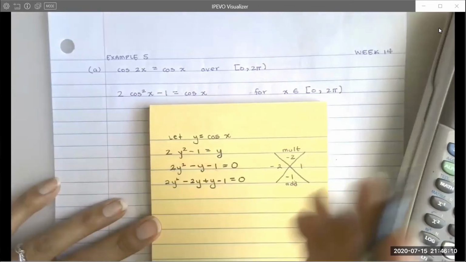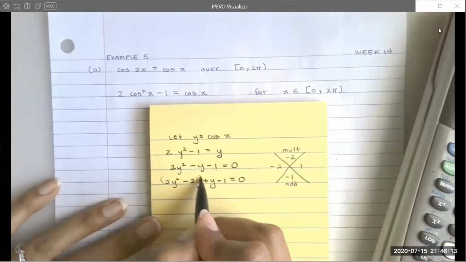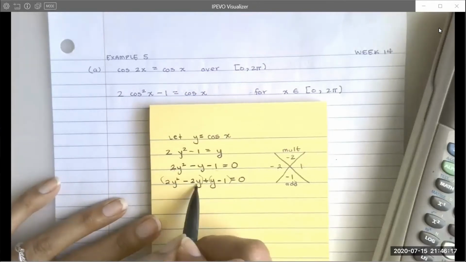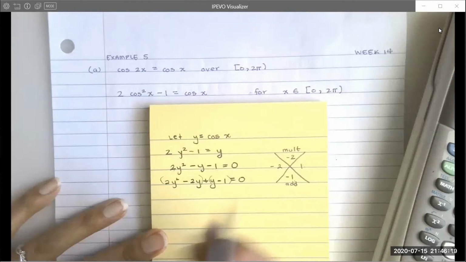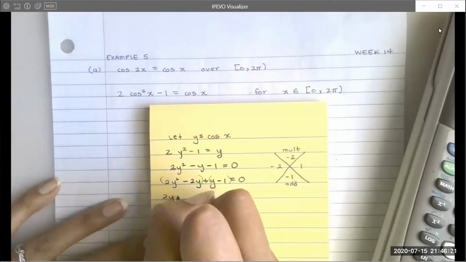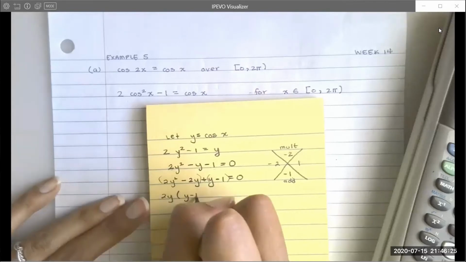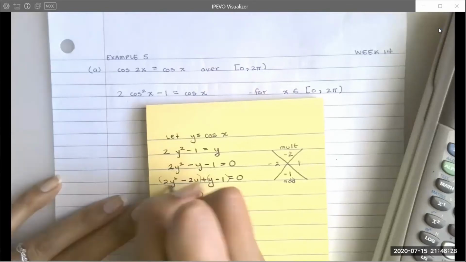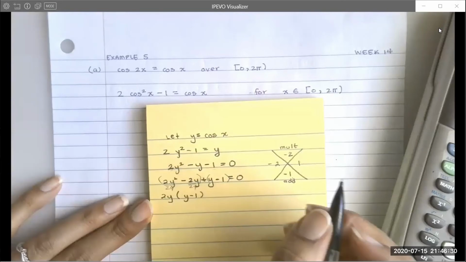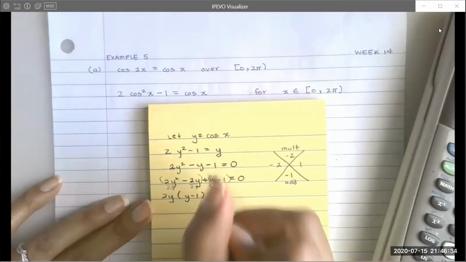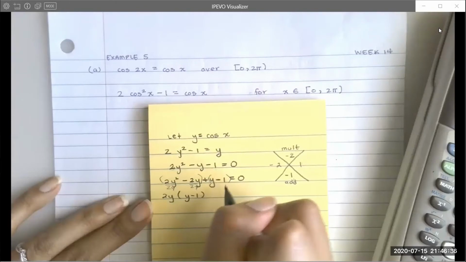And then I would group the first 2 terms, group the last 2 terms, see what is the greatest common factor of the first 2, which is 2y. And when you factor it out, it leaves you with the y minus 1. So essentially, you're dividing this by 2y and this by 2y. In the second group, the greatest common factor between a y and 1 is simply just a 1.